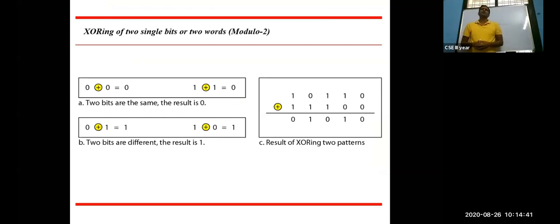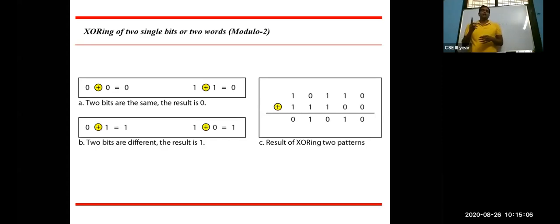Here is an example of modulo 2, which was already discussed by me in the CRC lab session. In a modulo 2 arithmetic operation, I told you that addition and subtraction will give you the same result, if you remember, right? I have A, B, C, 3 rectangles there. Look at A. 0 added or subtracted with 0 will give you 0. 1 added or subtracted with 1 will give you 0.